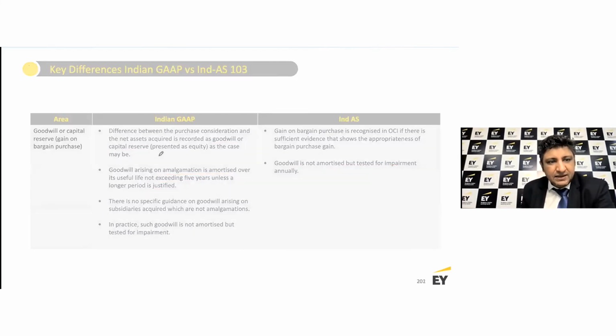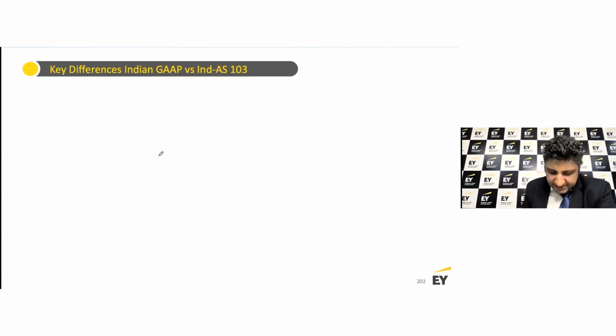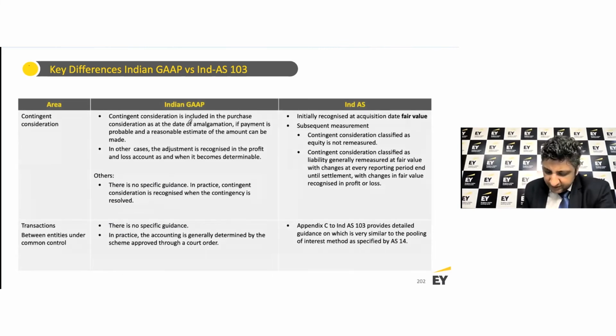Contingent consideration is included as a part of purchase consideration, but under Ind AS, the recognition is done as a part of the purchase consideration at fair value. And then, for subsequent measurement, you look at the fair value through profit or loss criteria. Any changes in the value of the contingent consideration would be routed through the statement of profit or loss.